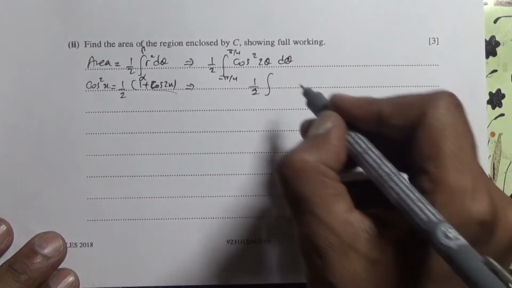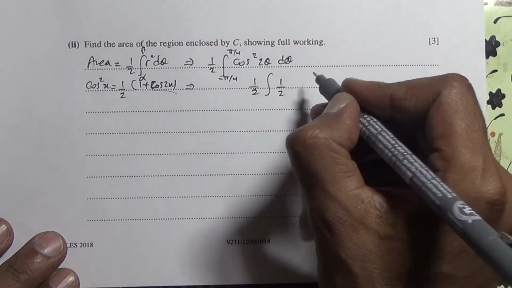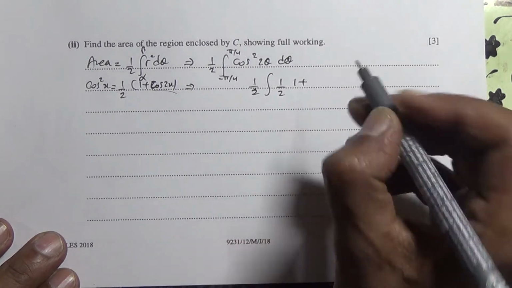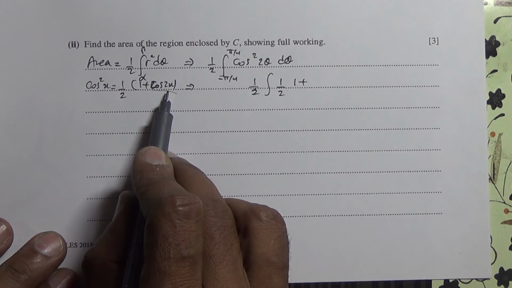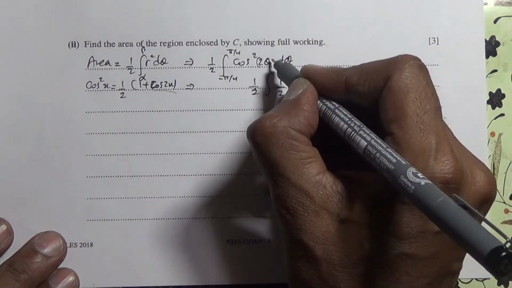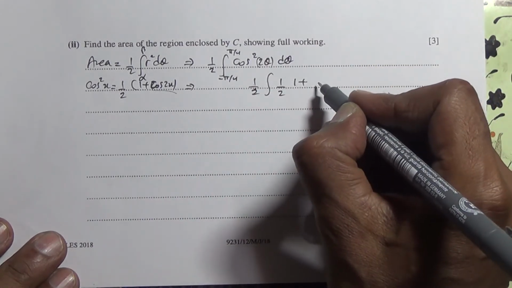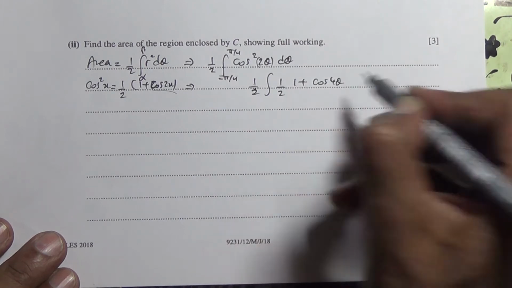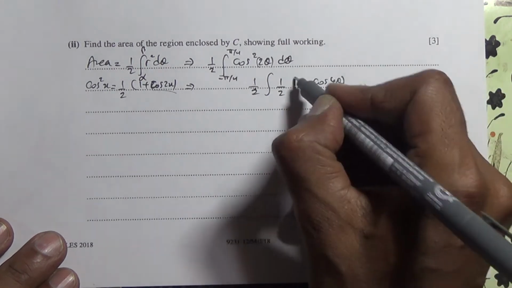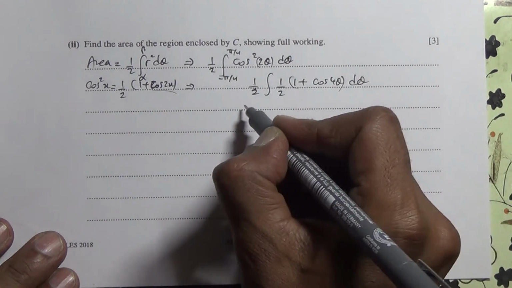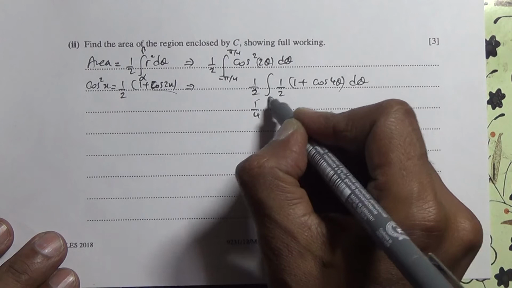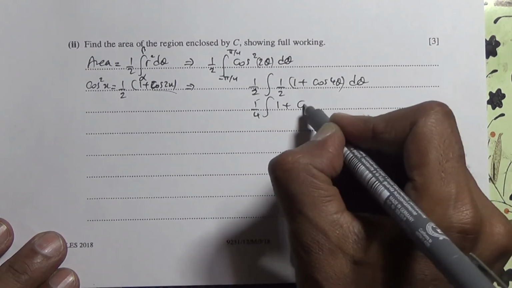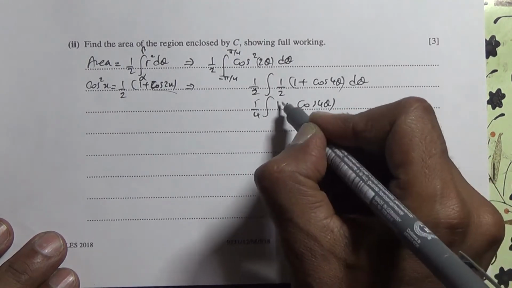Using this, we have half into 1 plus, because the angle is being doubled, if this is x, this is 2x, and this is 2x, that becomes 4x. In our case it's 2 theta. Let me just bracket this. So we are looking at then cos of 4 theta. And bracketing all that, simplifying our integral, we reach 1/4 into the integral of 1 plus cos 4 theta d theta.